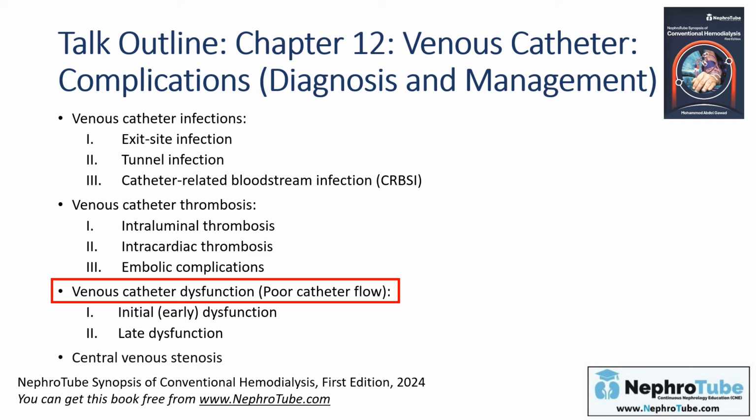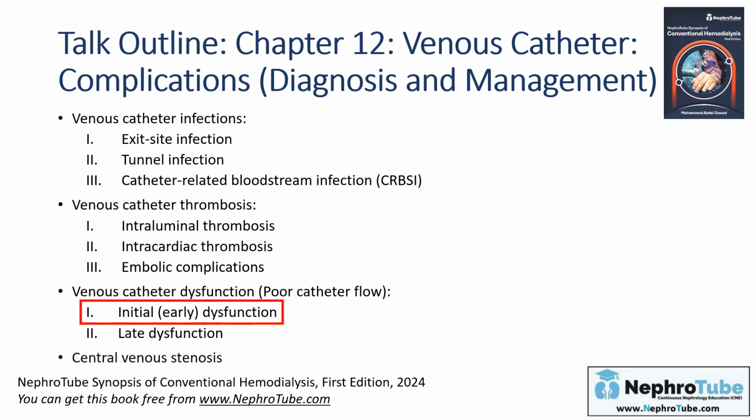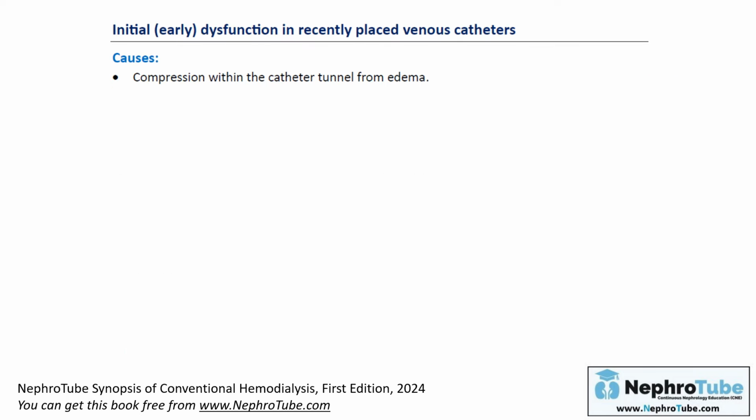We have two onsets of catheter poor flow: early initial dysfunction immediately after the insertion of the catheter, and late dysfunction. Regarding initial early dysfunction, causes may be due to compression of the catheter within the tunnel due to edema of the tunnel, a kink in the catheter or an acute angle in the tunnel.